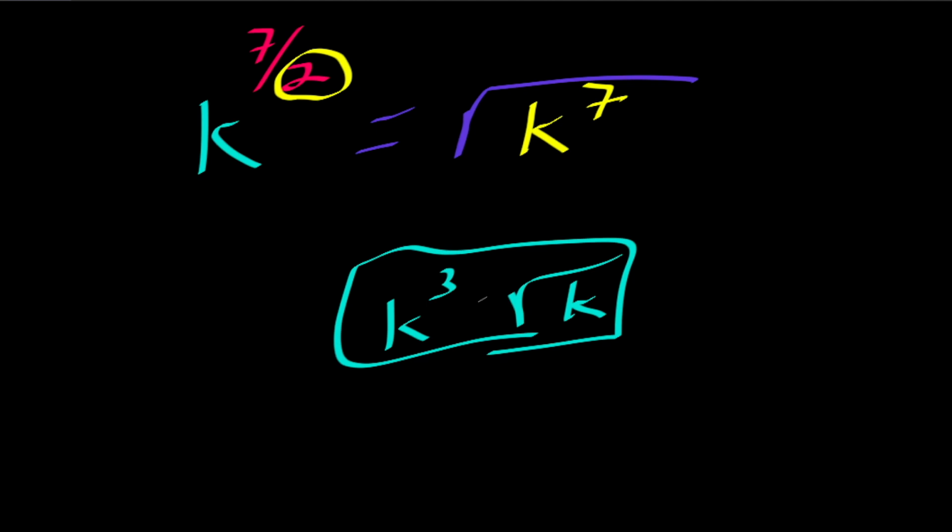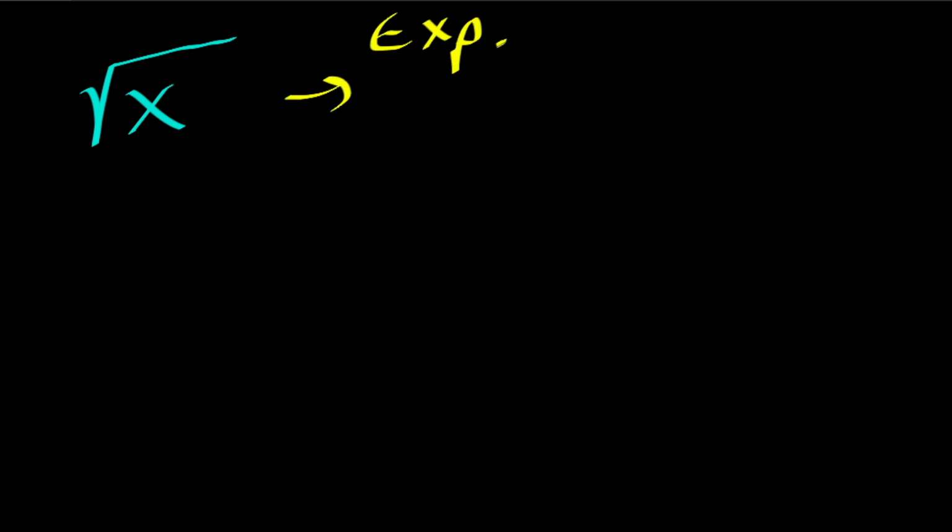All right, so now let's transition into the opposite direction. And here's what I mean by that. What if I gave you the square root of x and I told you I want this in exponential form, which just means write it as an exponent. All right, so how would you handle that?